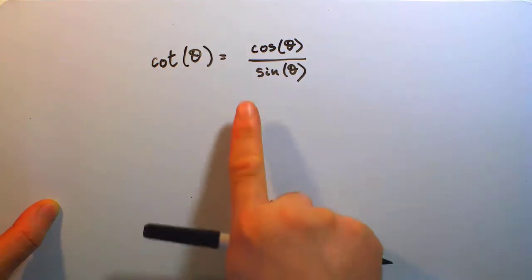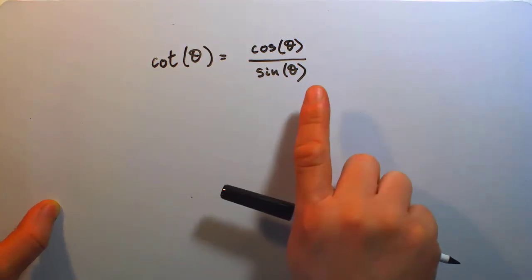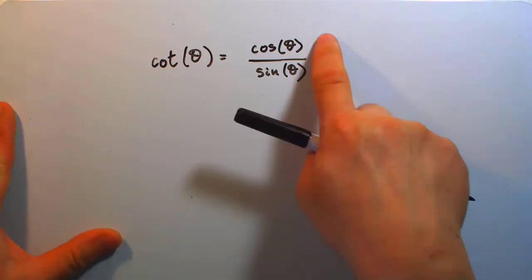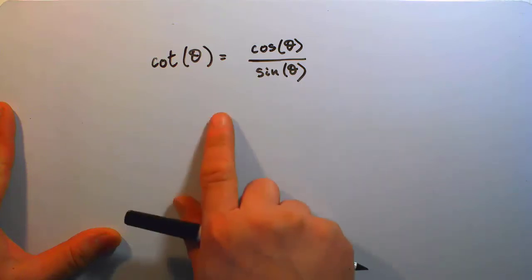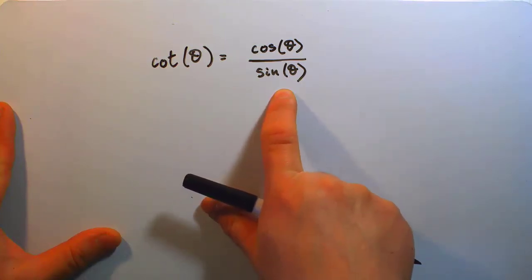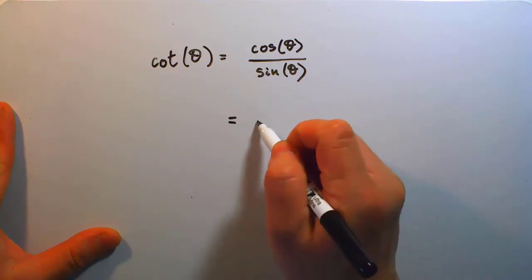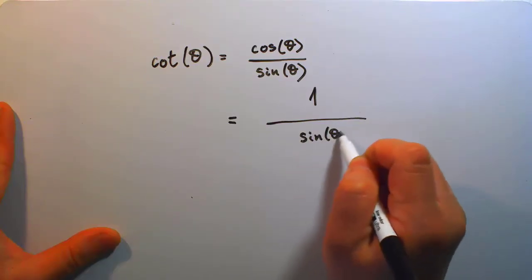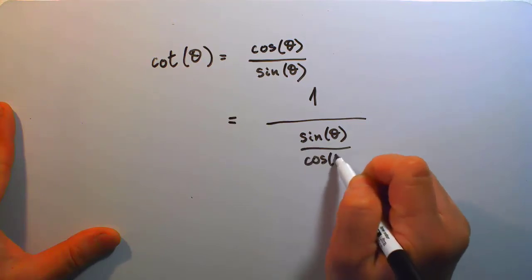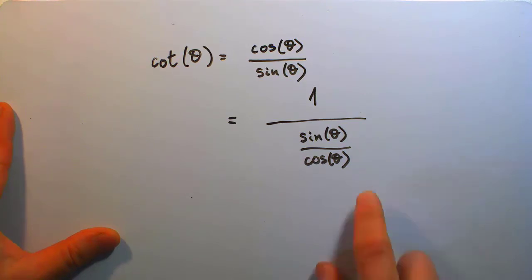But we have learned at this point, when you're learning trigonometry, you must have had enough algebra to understand that if we're taking this cosine of theta over sine of theta as a fraction, then we can sometimes see this fraction as 1 over sine of theta over cosine of theta. I mean, for now, I'm doing nothing but just making the fraction a little more complicated, but there's a reason why.